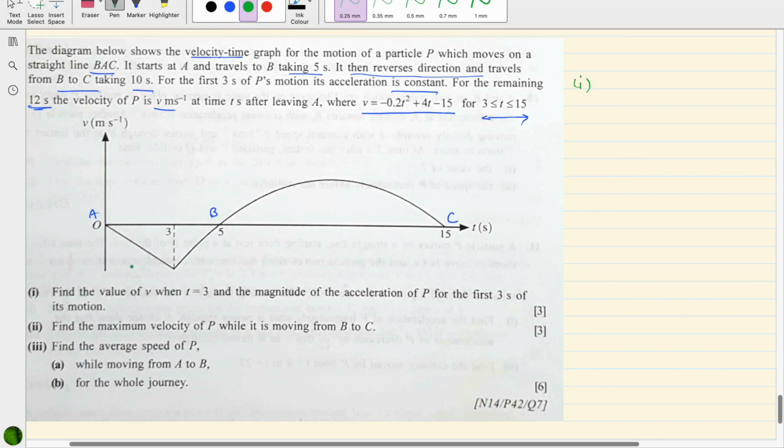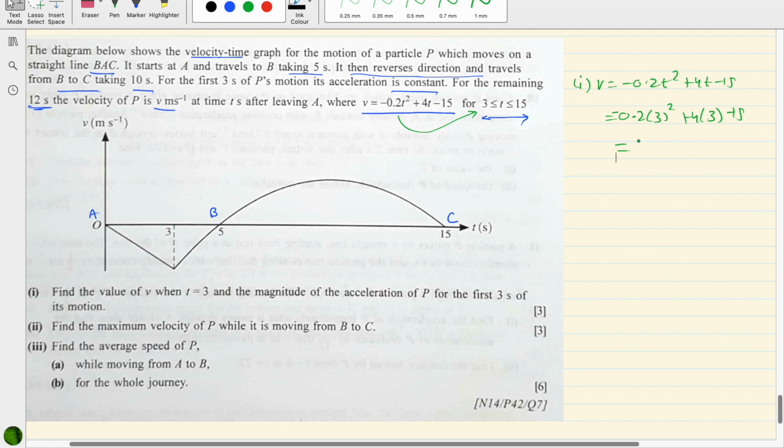So first part says find the velocity when t is 3. So I have this equation and it is valid at time 3. Velocity is equal to negative 0.2 t square plus 4t minus 15. We plug in the time: negative 0.2 times 3 square plus 4 times 3 minus 15.